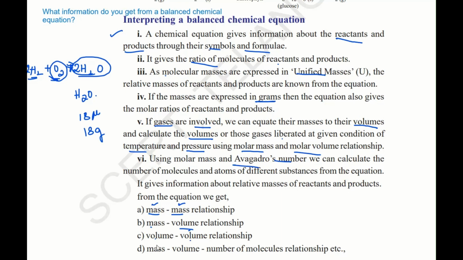Volume relationship, or mass volume number of molecules. That means if a mass is given, you can find even a volume. You can even find Avogadro's number of substances that are present in that particular chemical equation. So when a question is asked, you have to write down, interpreting a balanced equation means these are the points that you will be writing. 6 points you will be writing.